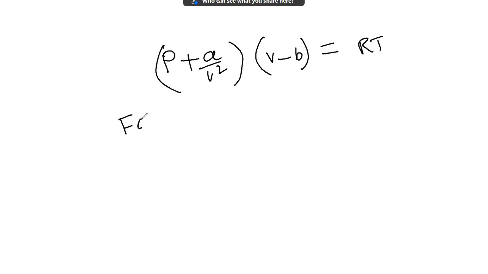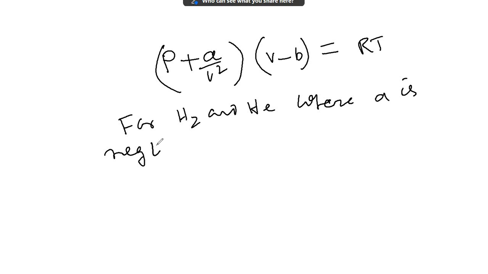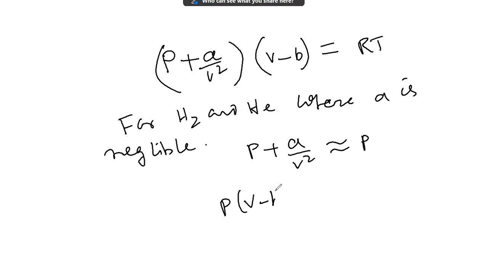For H2 and He, A is negligible. A is the force of attraction between the molecules. Then P plus A by V square roughly becomes P. So P into V minus B equals RT.